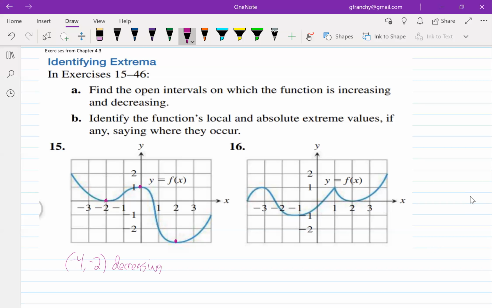Now, why am I saying that it only goes to -4? Because when we look at the endpoint here, we're not seeing an arrow. So we can assume, since there's not an arrow there, that each of these functions is defined on that closed interval.